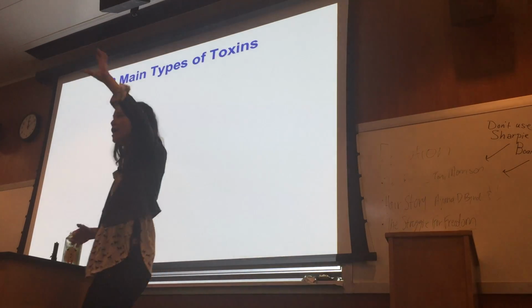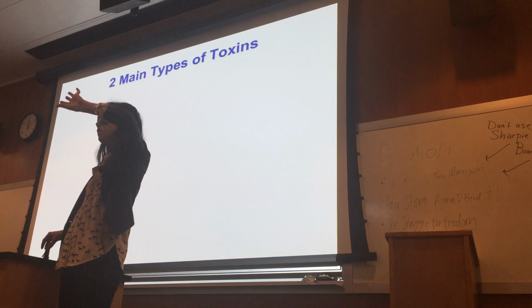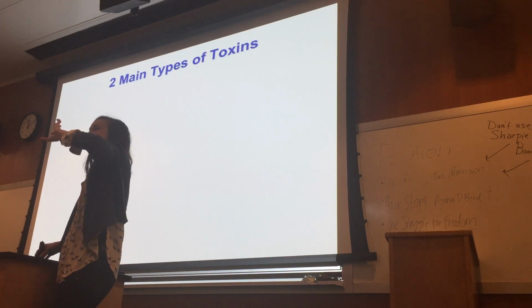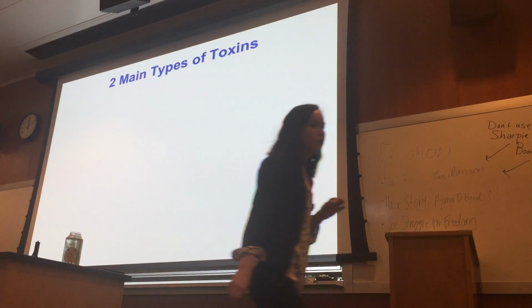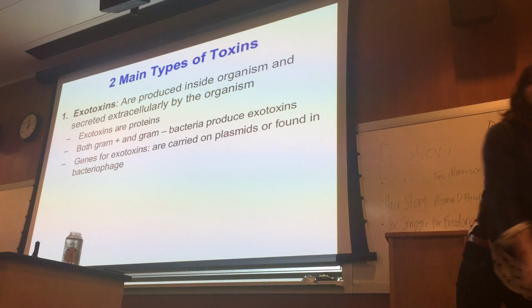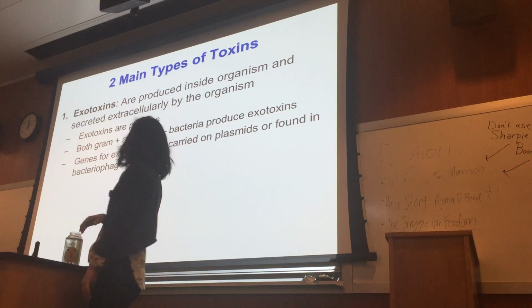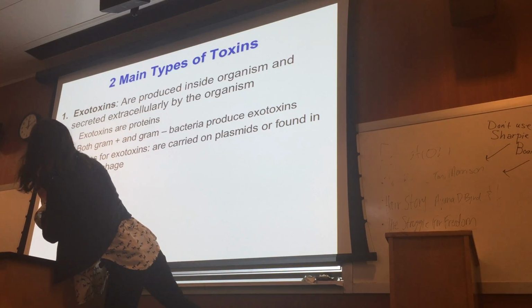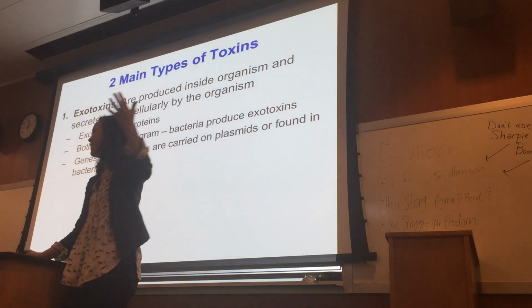But you guys already know what endotoxin is. Endotoxin is found in what molecule? Yeah, that was the LPS, right? So we're going to focus on the exotoxin, the first category, because that's all brand new to us. But you guys have seen that prefix exo before. Whenever we see exo, what does that mean? Outside.